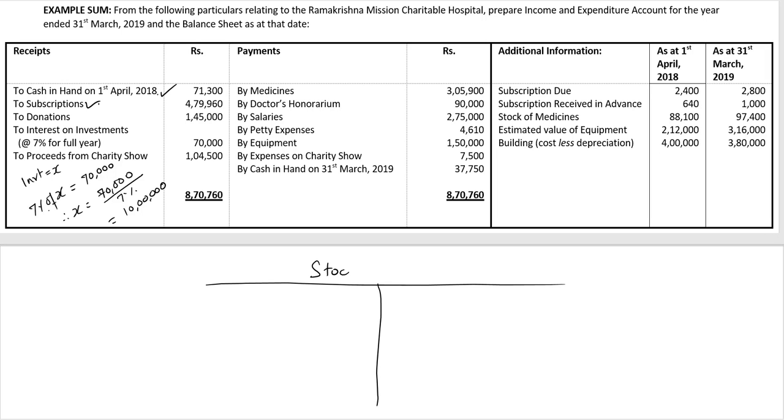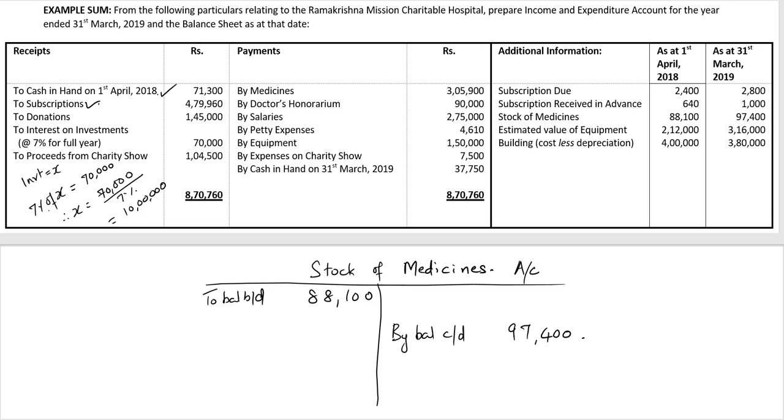Stock of medicines account. There are no balances of creditors for medicines, so we did not prepare that account. There are no credit purchases being made. The opening balance of stock, to balance brought down 88,100 rupees. By balance carried down, closing balance of stock of medicines 97,400 rupees.